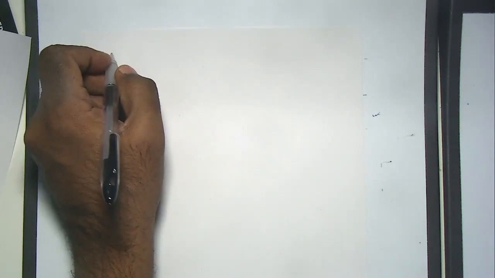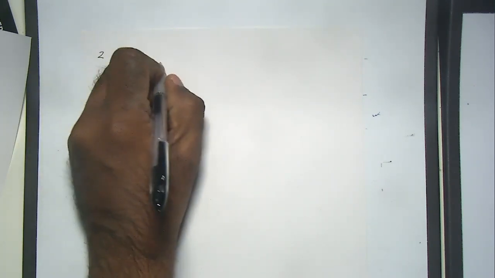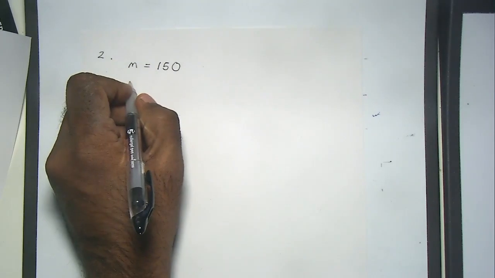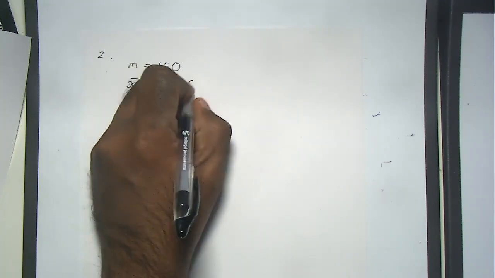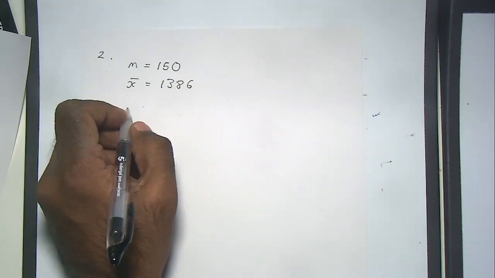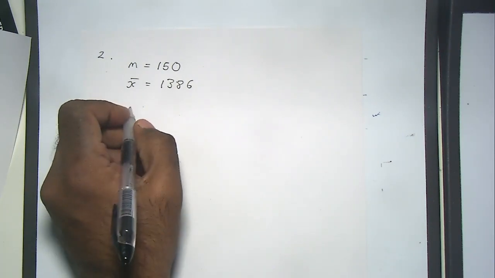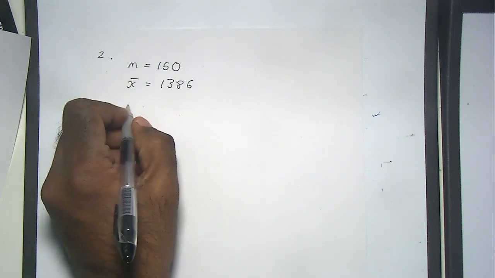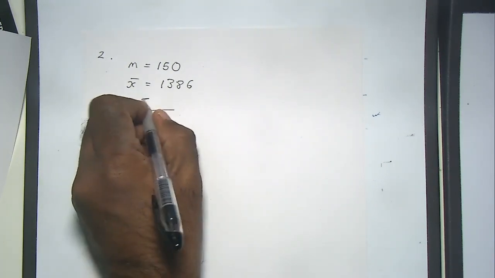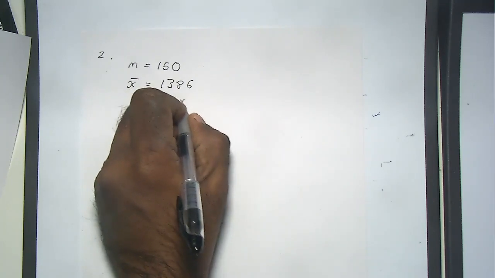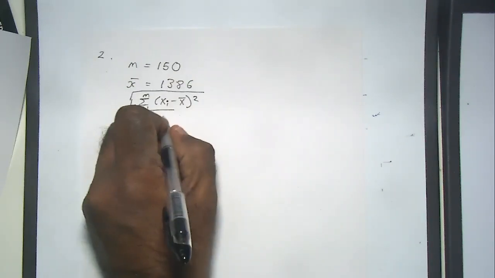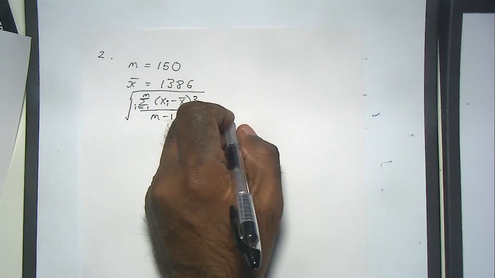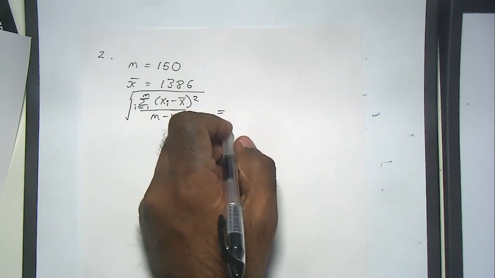For the first part of question 2, what we have is m is 150, and x bar is 1386, and the sample standard deviation, you probably remember what I mean, is simply this, and this is equal to 114.